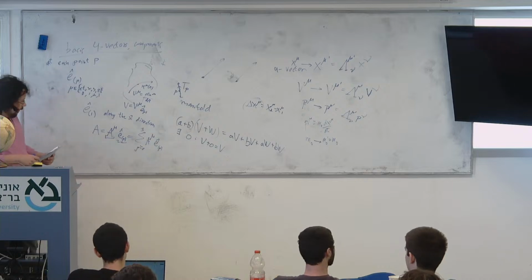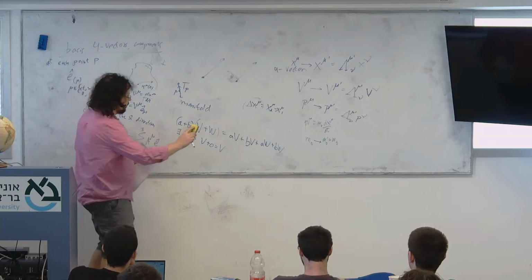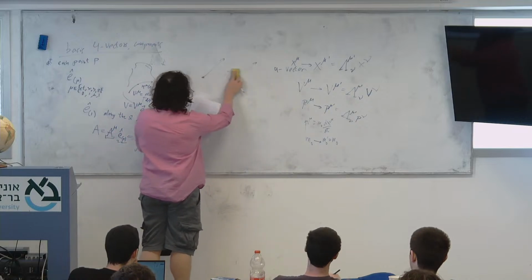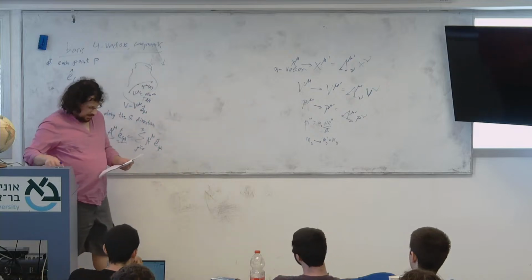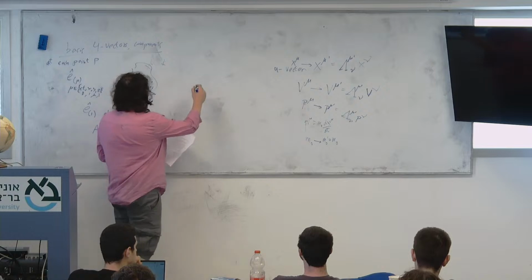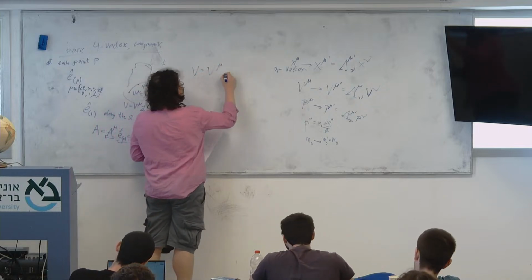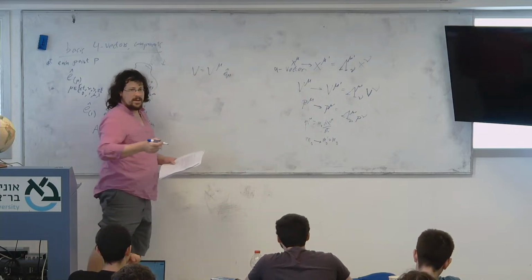Okay. So how do we transform the basis vectors? We have a vector, v, equals v mu, basis vector e mu, and there's an implied summation here.